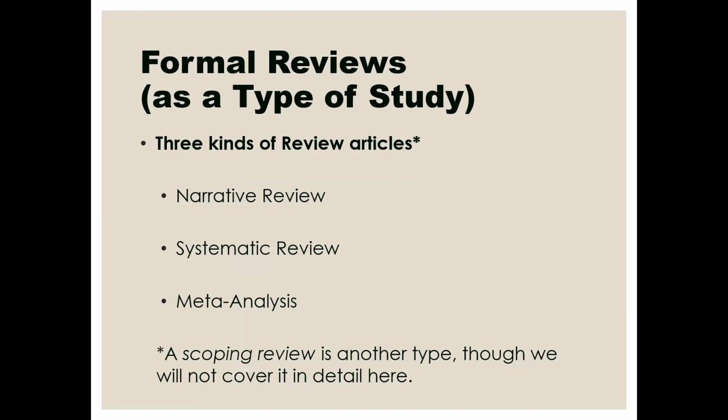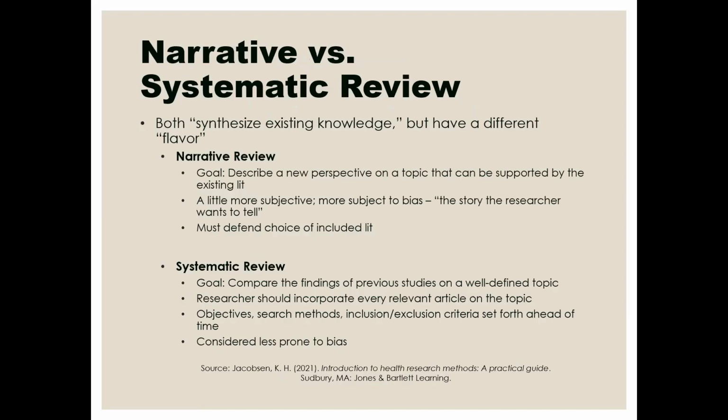A scoping review, if you hear it, we'll cover it. We can talk about it a little bit later, but right now we're going to do narrative review, systematic, or meta-analysis.